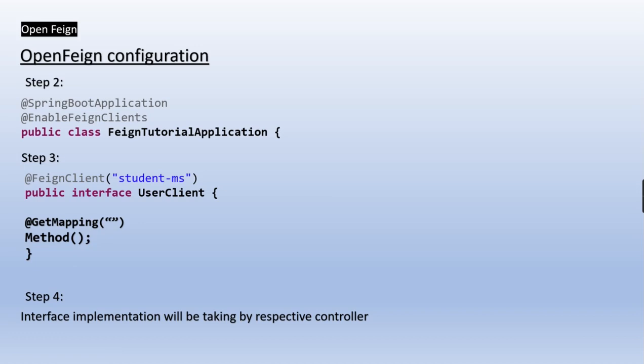So in the interface we are just defining the method signature, and that implementation will be available at the respective controller. Once we ensure these things, we can easily achieve OpenFeign client-side programming, so that your client-side program can easily interact with server-side programming.